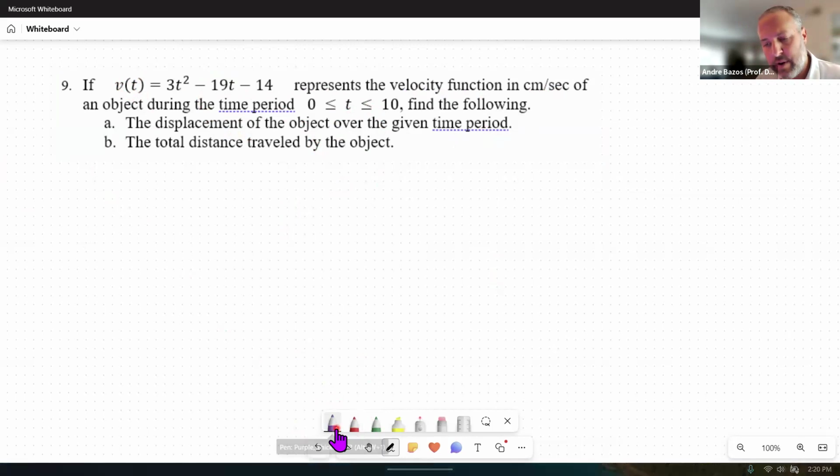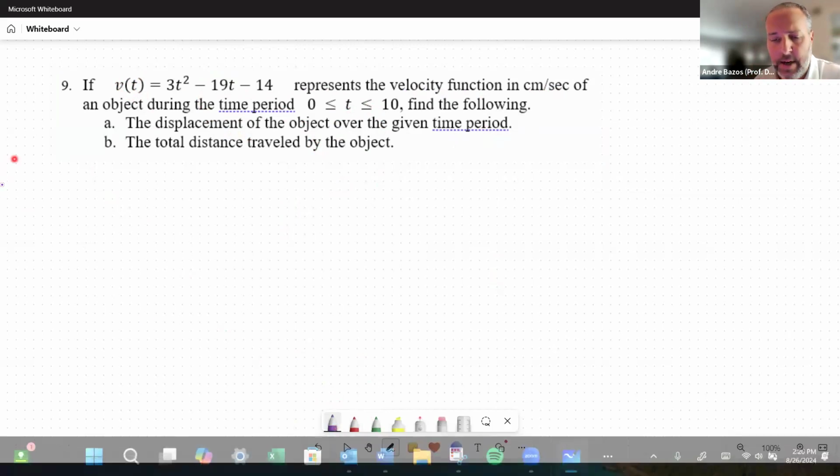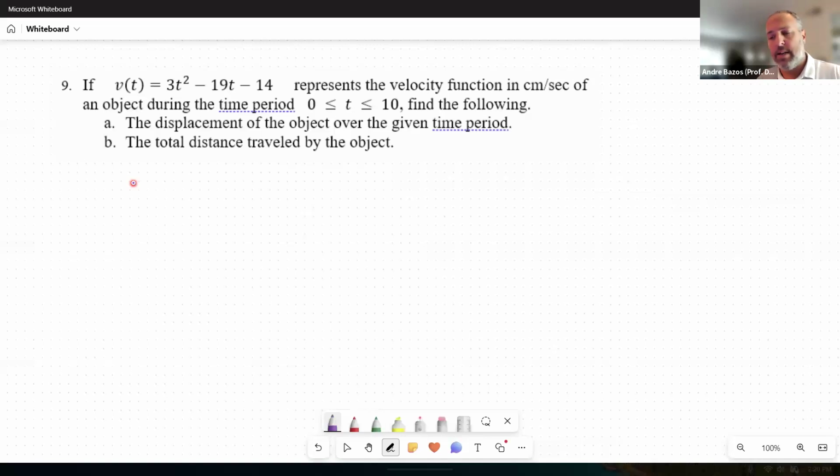So with this function, we can find the total displacement of the object. And as talked about within the program, total displacement: if I have a particle that starts here, goes forward, then goes back to here, the total displacement is this distance.